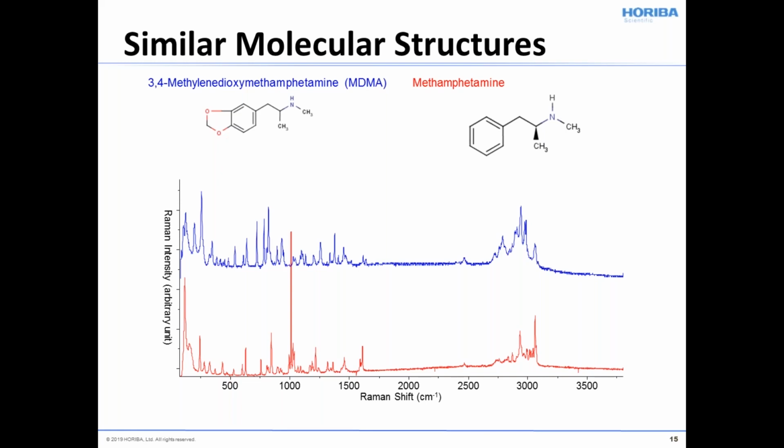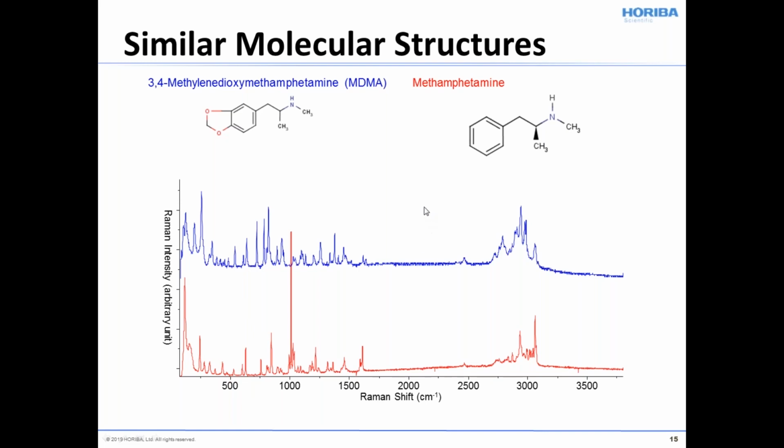These are two important compounds in the world of forensics, police forensics. So you've got MDMA on the left, and that's the blue spectrum, and methamphetamine. And if you just look closely and compare these spectra, even if you don't have what I call the spectroscopist's eye, having looked at spectra for many, many years or decades, you can see the differences in the peak positions and relative intensities of these two compounds, even just in this low frequency region.